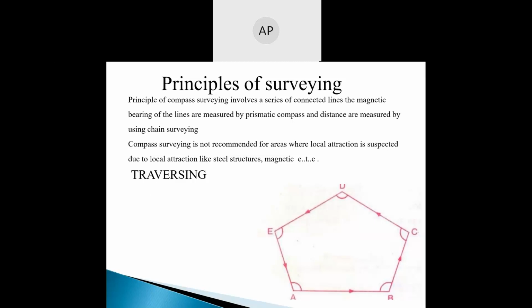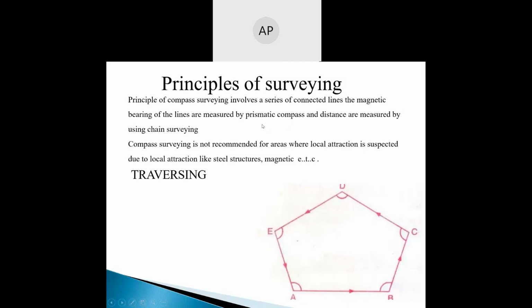Compass surveying involves a series of connected lines. The magnetic bearings of the lines are measured by a prismatic compass. So bearing means these angles. A, B, C, D, E, the inner angles can be measured with the help of a compass.